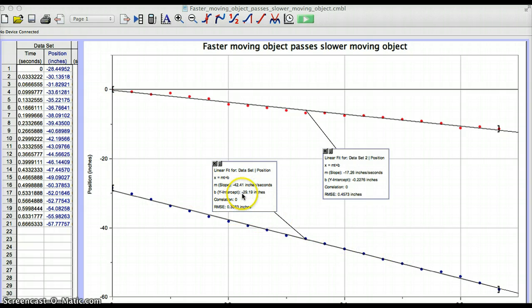This one starts at negative 29.19 inches at 0 seconds. So this one is going at a constant speed of 17 inches per second in the negative direction. And this one catches up to it, starting at the same time, but goes faster and passes it up because it's going 42.41 inches per second, both in the negative direction. Okay, and that is pretty much it.